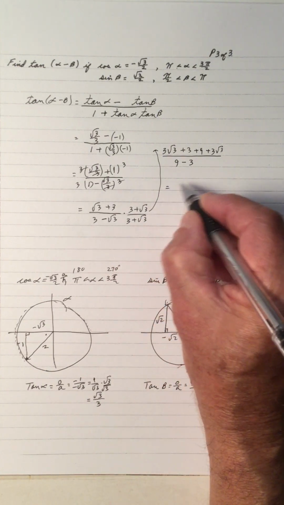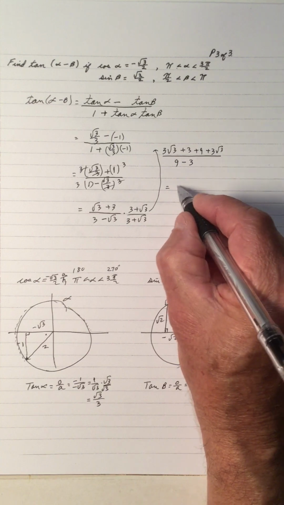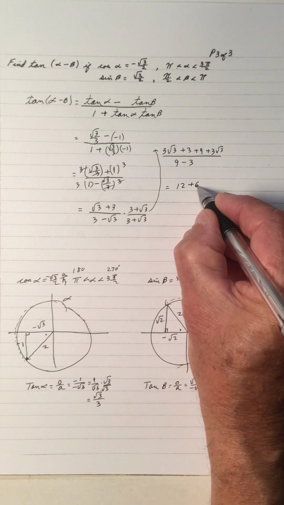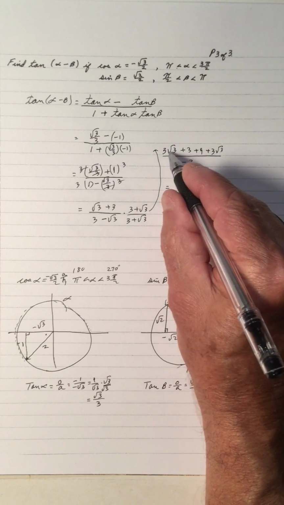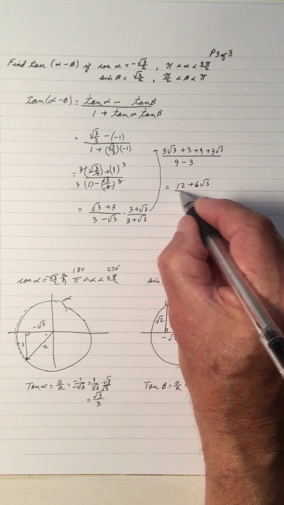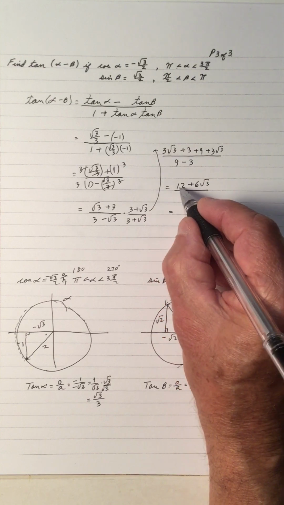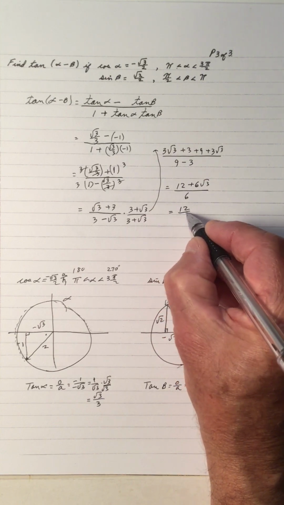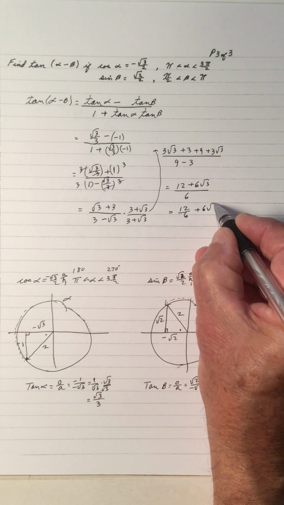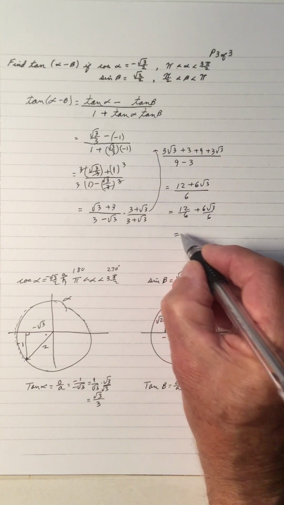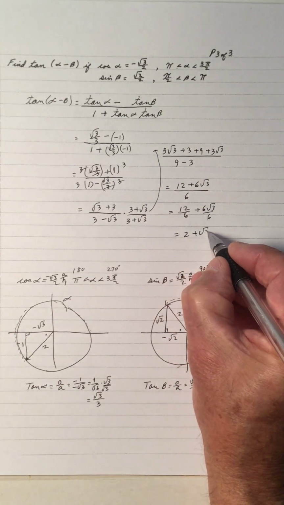To simplify that, I have 3 plus 9 is 12, plus 6√3. You add the √3's, you get 6√3. And 9 minus 3 is 6. So this is 12 over 6 plus 6√3 over 6. This gives me 2 plus √3.